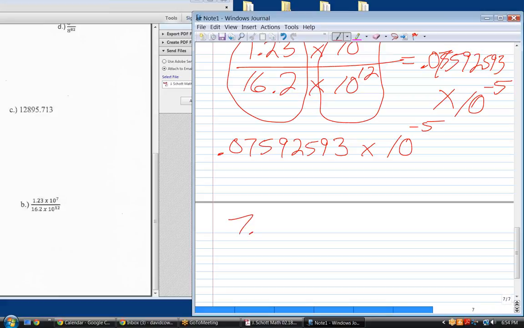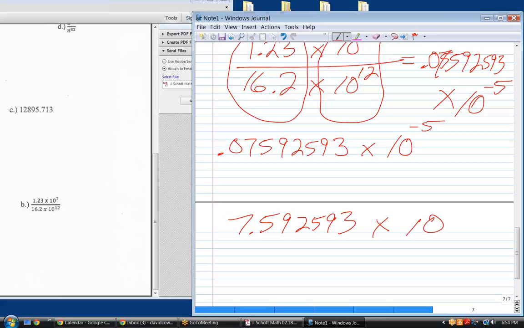Okay. So 7.592593 times 10 to the what? 10 to the negative fourth. How many places did we have to move the decimal point? Just one.